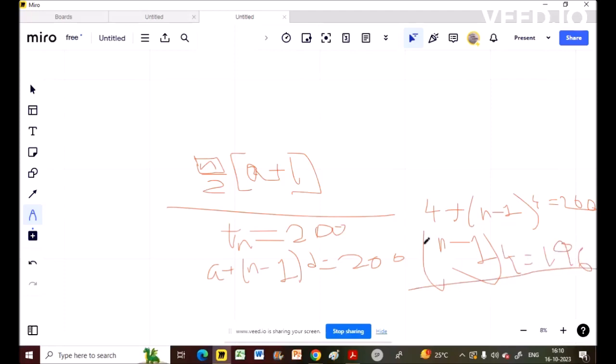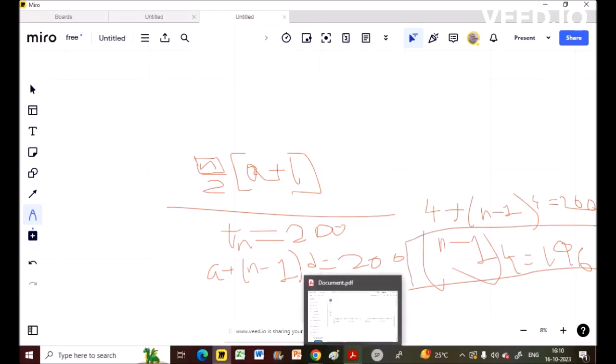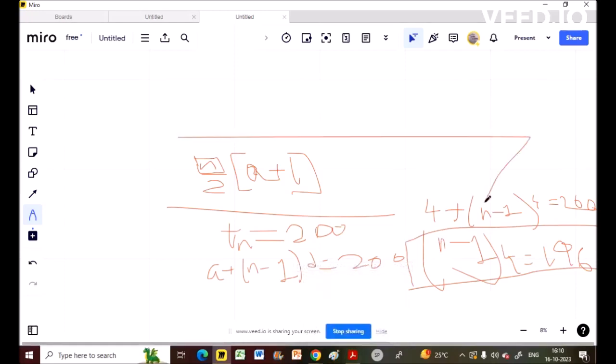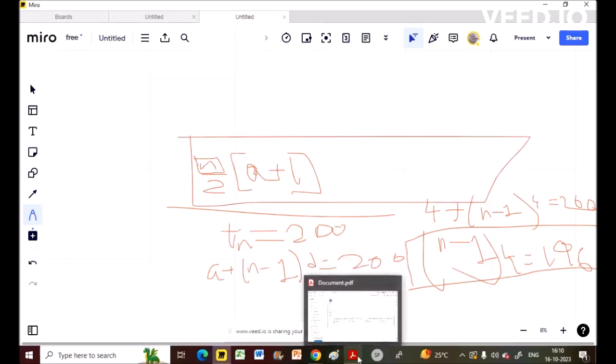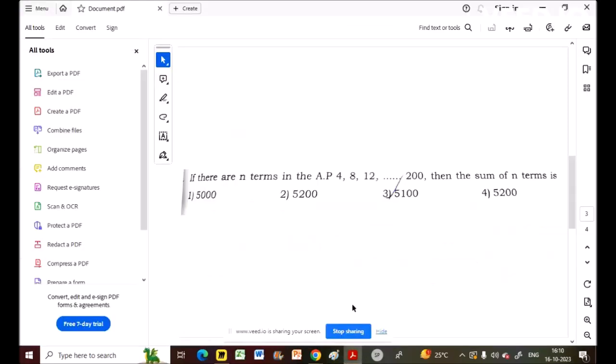Now we can find the n value from this equation, and we can just substitute it in the original formula n by 2 into a plus l, and we'll get the answer. Why am I not giving the whole solution? Because you need to try it. You need to practice. Then only you'll improve.